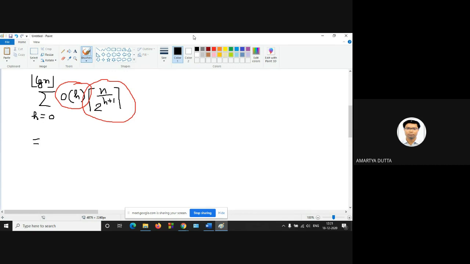Now, do you know what the GP series is? What is the formula for GP series? So a into r to the power n minus 1 by r minus 1.